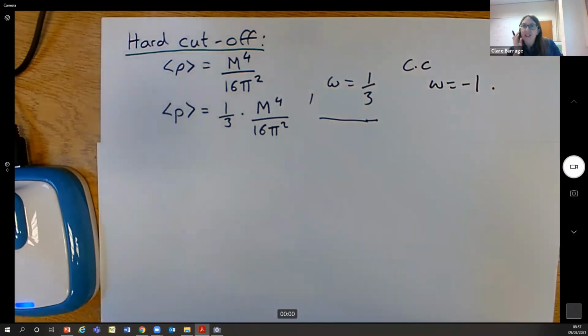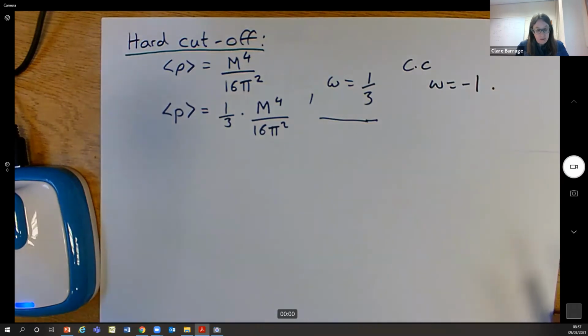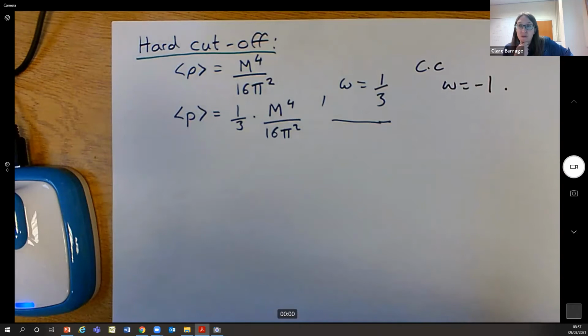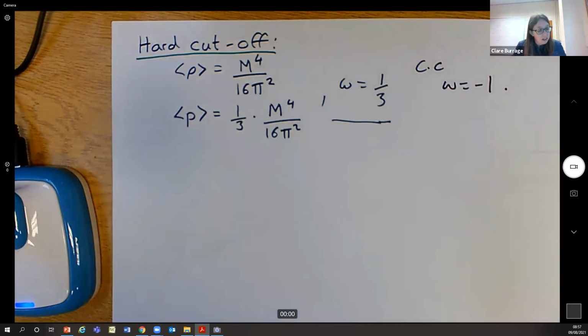So how can you do this calculation properly, keeping Lorentz invariance? Well, as always with ways of regularizing divergences in quantum mechanics, there are different choices you can make.